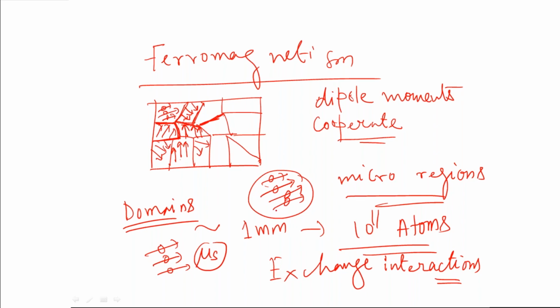So what we have learned is that in a ferromagnet there are permanent dipole moments. Not only that, dipole moments will align in the same direction for a particular region. Those microscopic regions are called domains. Each domain has a size of 1 millimeter, and each domain can contain almost 10 to the power 11 atoms.